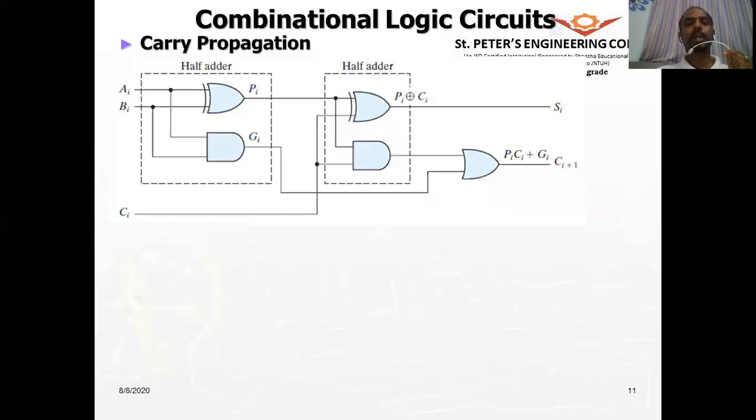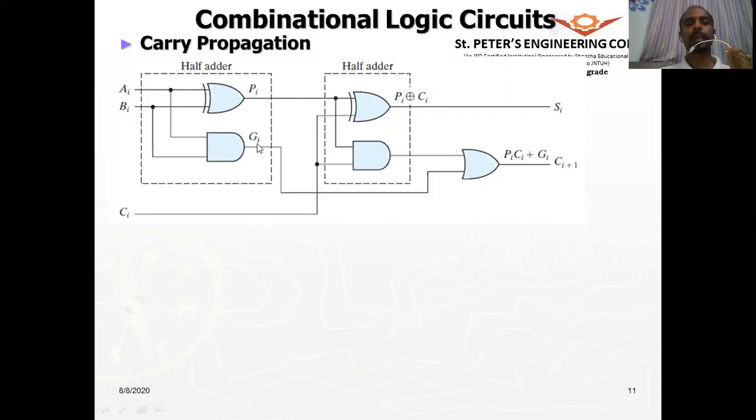So therefore, how do we overcome this problem? As we can see, if you write the expression for this, we will simply call this P and G. We call this G because it is the generated carry.